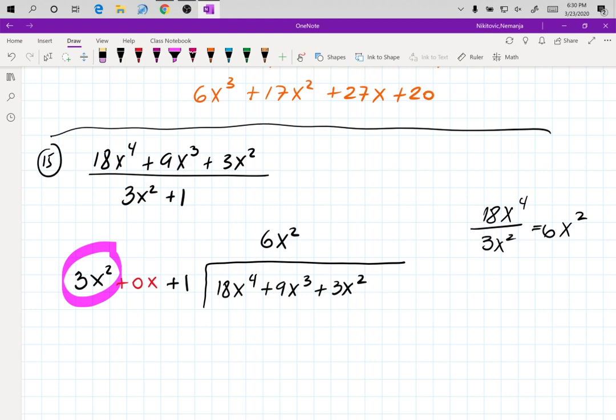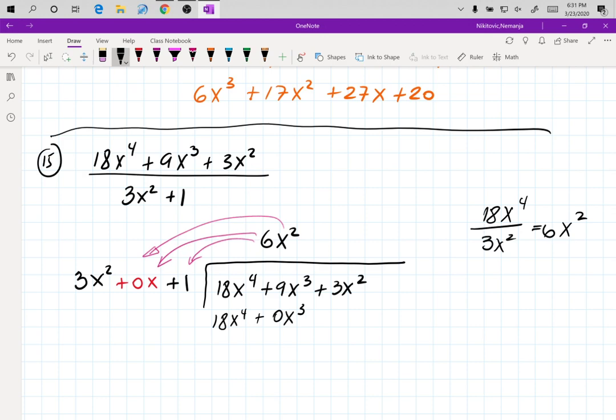Now, we are going to multiply those back into, well, to all three of these. So we get 18x to the fourth plus 0x cubed, because 6 times 0 is 0, and then plus 6x squared. Note that they're all lined up perfectly.